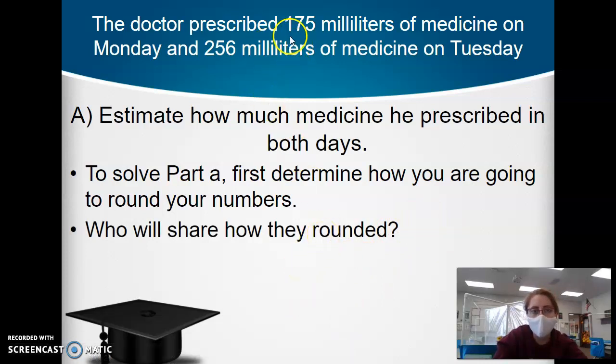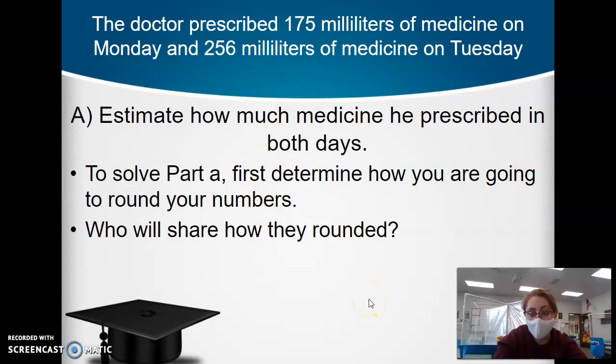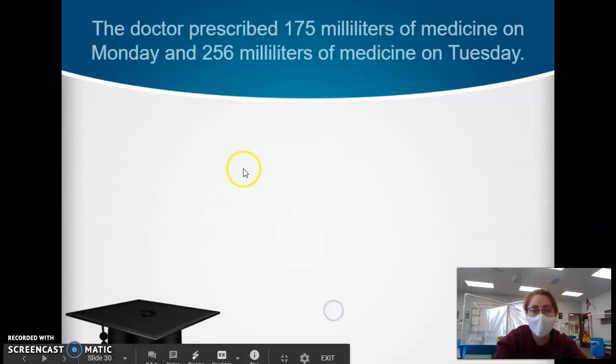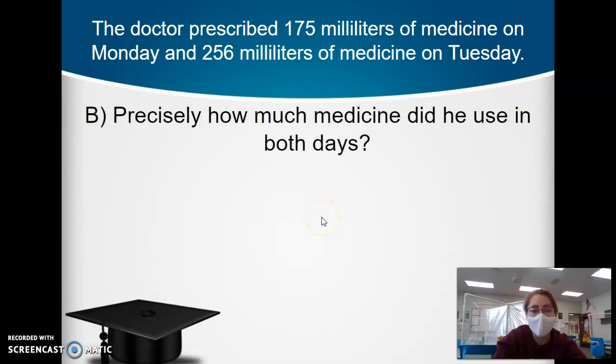Okay. I might round to the nearest 10. You know, my answer is more accurate. If you think that rounding to the nearest 100 is more accurate, then you can try that. And then solve to see if you're correct. Okay. So how much medicine did he actually prescribe?